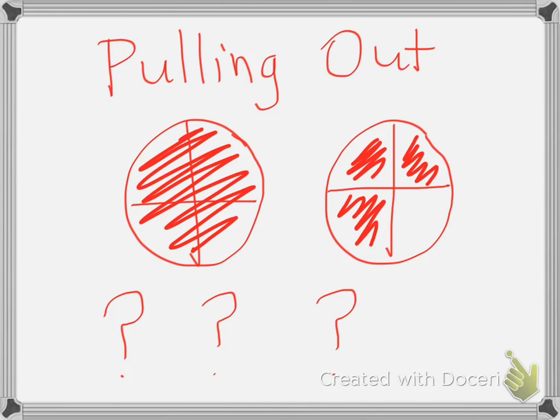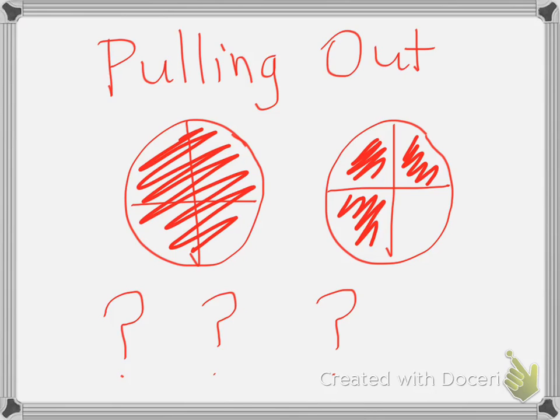I wonder what could we call this? And one student raises his hand and he says, well, I'm going to count the fourths, so I think we could call it 1, 2, 3, 4, 5, 6, 7 fourths. And you write that down and you say, you know what, I agree, I see 7 fourths there too. And then you say, but is there anything else we could call this picture?